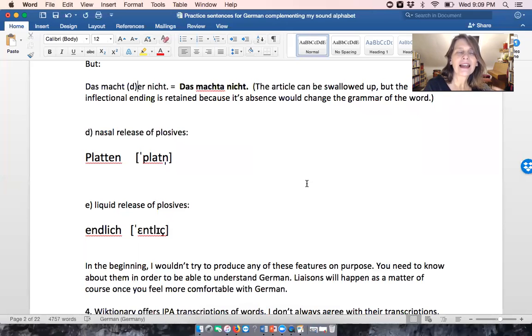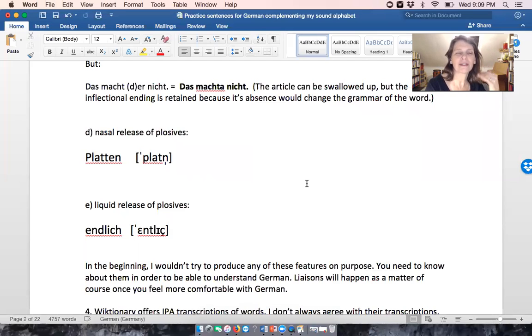When I say "Platten," I have a little bit of roughness in my throat. I suspect that I have a glottal stop, but I can't quite tell you what I do. But I definitely have some tension in the velum, which makes this nasal harder. So I release the air from the T into the N and make it harder that way, like a little explosion. I don't know how to describe the sound.